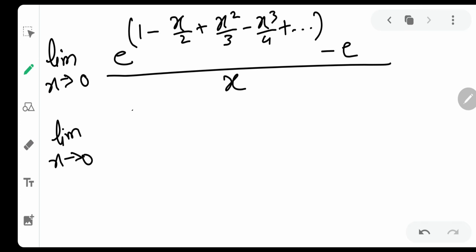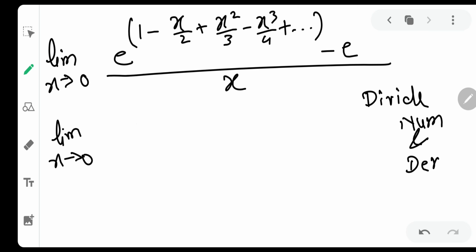What I am trying to do is, let me say, I need to take some power of e common. So for that, let us say e raised to minus 1 if we take common, then it will be 1 minus 1 plus x by 2 minus x square by 3 minus, okay, let us do one thing, divide numerator and denominator both by e.